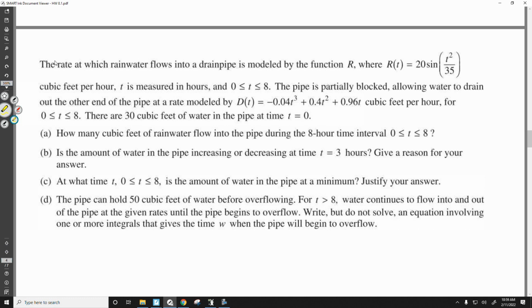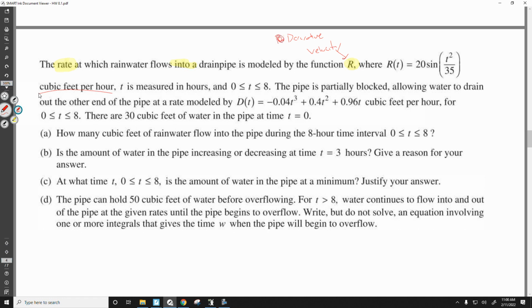R is the rate at which rainwater flows into a drain pipe. Now, it's a capital R, and this freaks a lot of students out. But R is a rate. It's a derivative. It's a velocity. What's an indication it's a velocity?